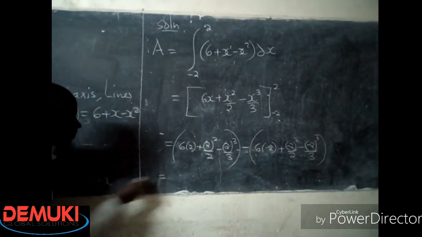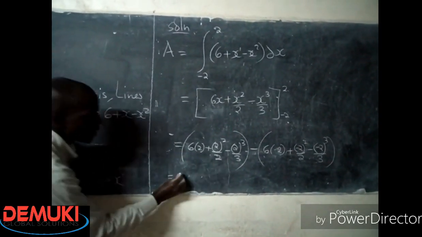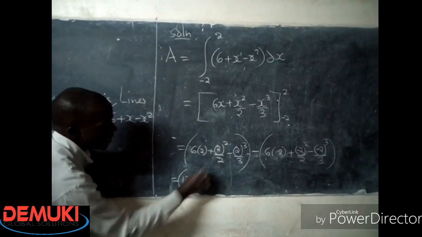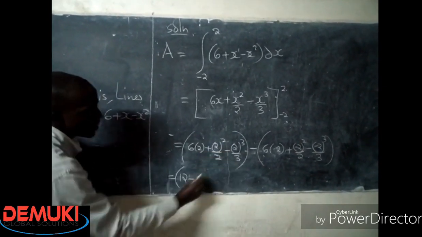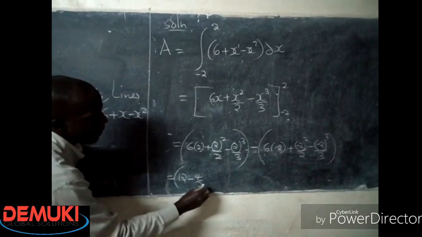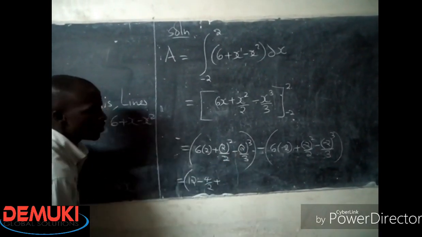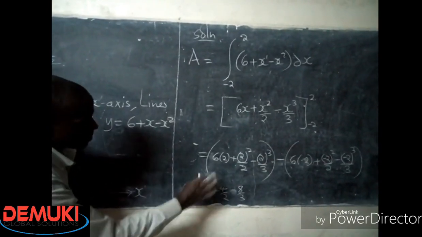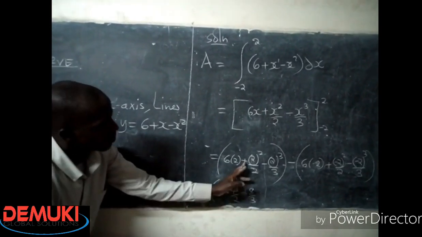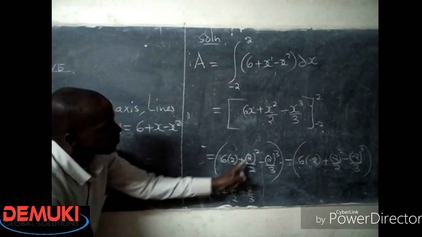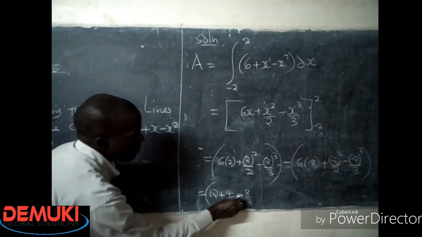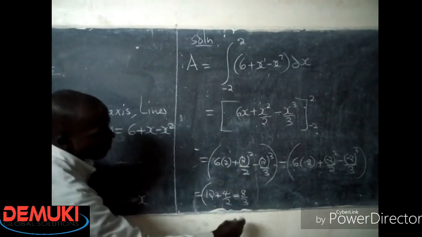So this one gives us what? 6 times 2 is 12, plus 2 squared, which is 4 over 2, then minus 8 over 3.